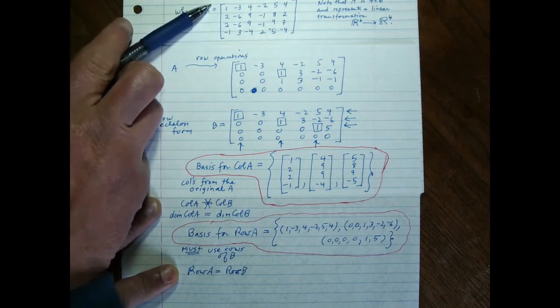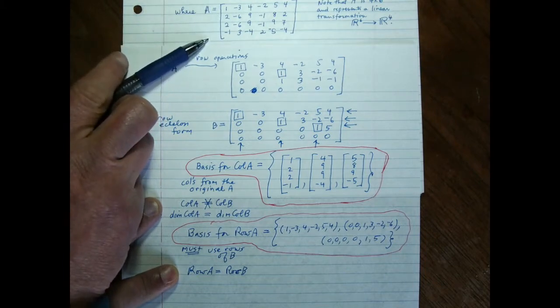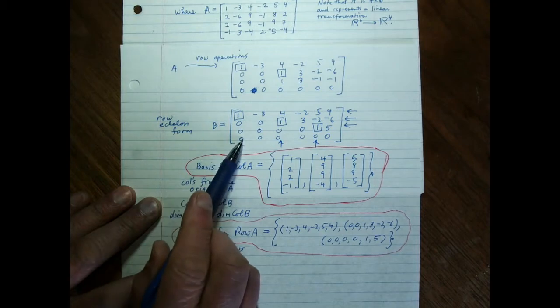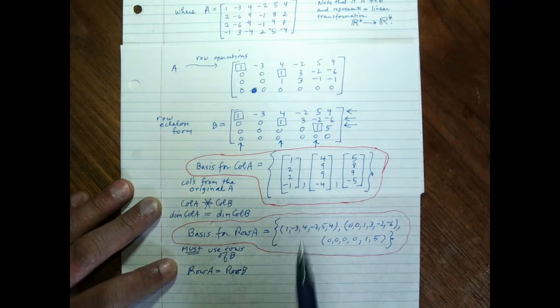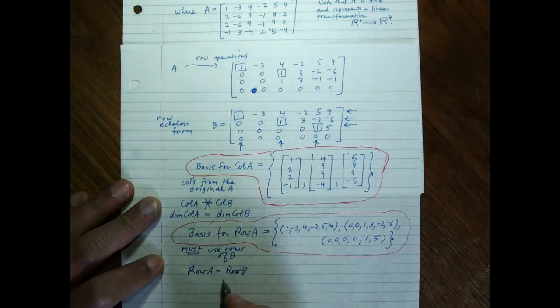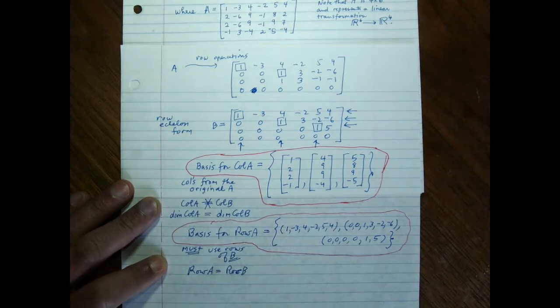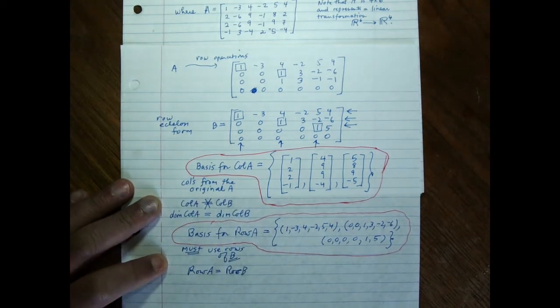Here they started at the bottom, but they might not have started at the bottom of the original matrix. So you've got to pull your basis for row A from the row echelon matrix B. And so there's our basis for row A.